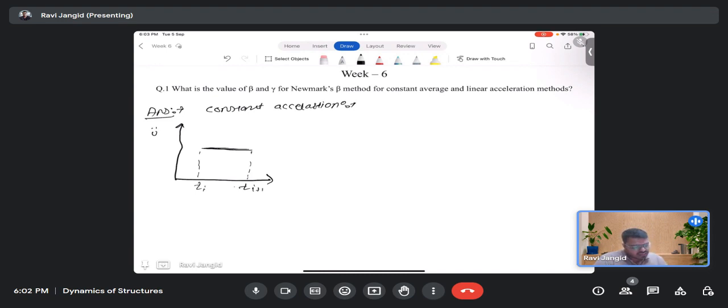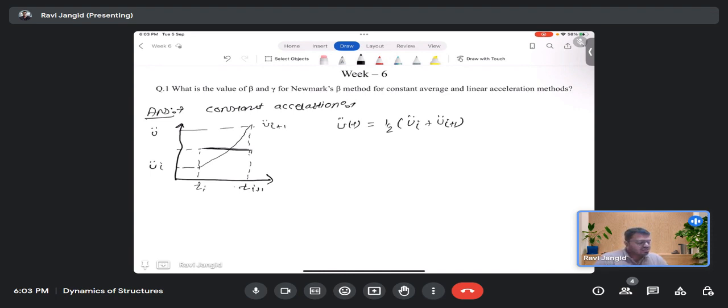So for any step, we assume a constant value in between. Let us suppose here the value is u double dot i plus 1, here the value of u double dot i. So we assume a constant value which we will get as u double dot at time t is the average, 1 by 2 times u double dot i plus u double dot i plus 1.